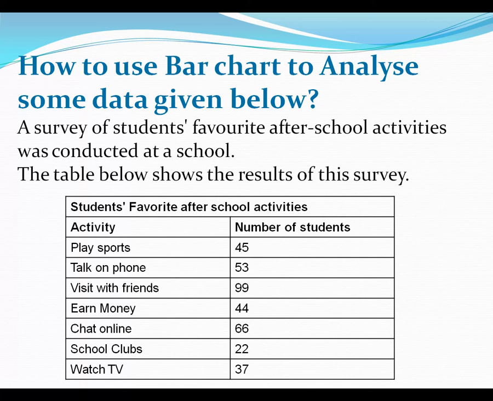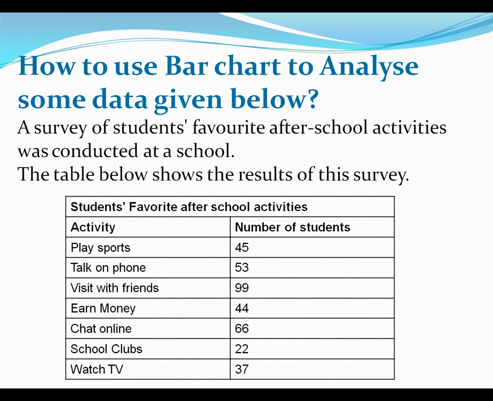So over here we are given a survey of students' favorite after school activities conducted at a school, and here we are given different activities, say play sports, in which the number of students is 45, talk on a phone, then its number of students is 53, visit with friends, which is the most favorite activity of the students, in which the number of students is 99, earn money, the number of students is 44, and so on.